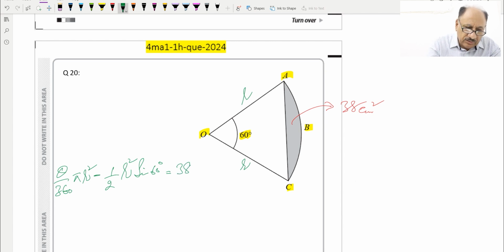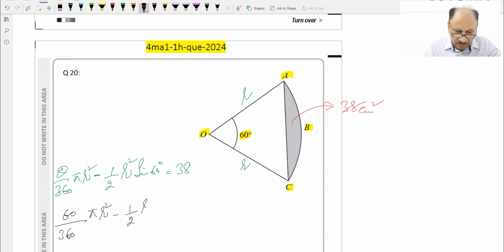Now we can replace this. Theta is 60, so 60 over 360 into pi r square, and minus 1 by 2 into 1 by 2 into r square sine of 60 degrees is equal to 38.